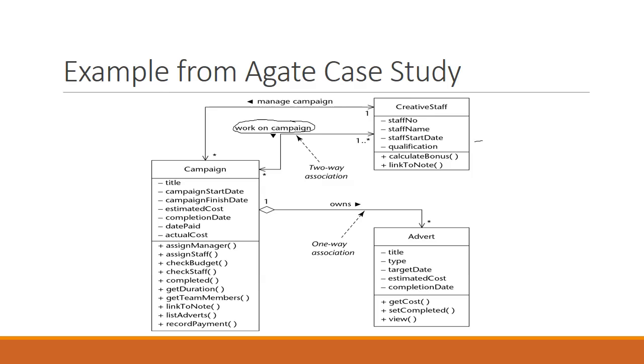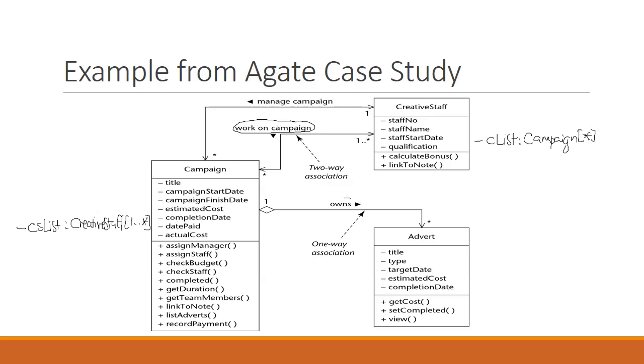This might be a private list called CList, which is a list of campaigns, like so. Similarly, in the campaign class, there might be a list of creative staff called CSList, say it's private, which is of type creative staff, but it's a list of at least one element.